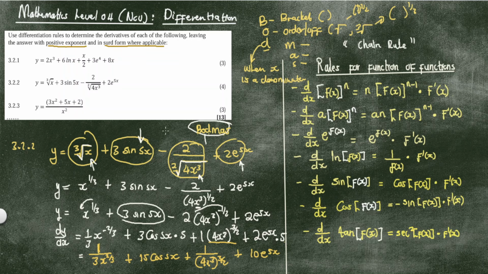So let's write down our answers with positive exponents and our surds again. This is going to be 1 over 3 cube root x squared plus 15 cos 5x plus 1 over the square root of 4x cubed, plus 10e to exponent 5x.